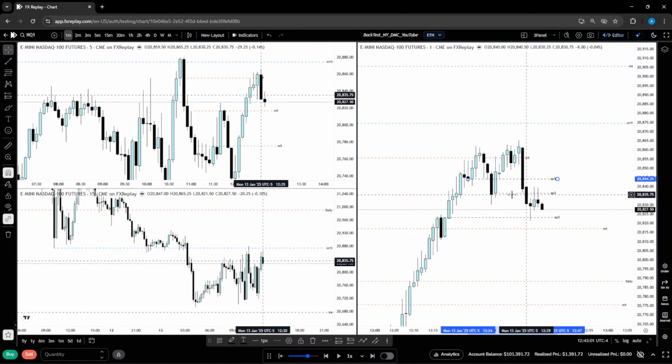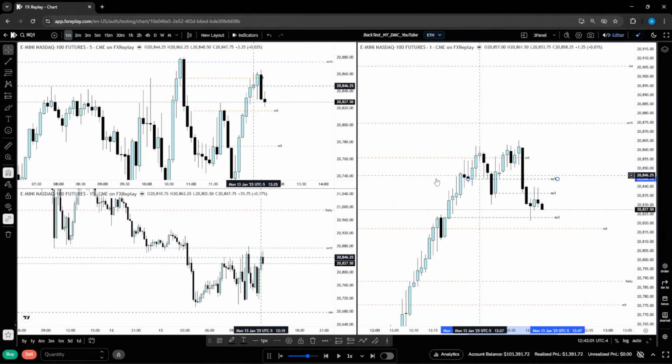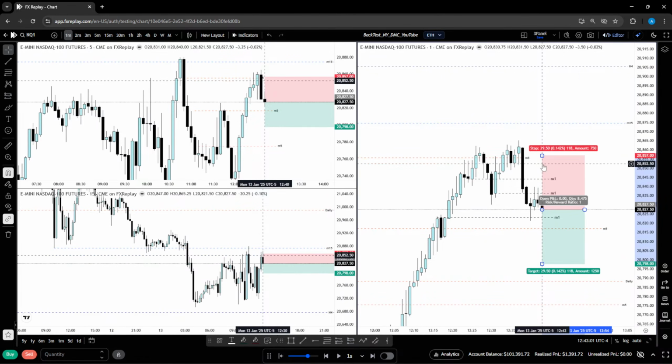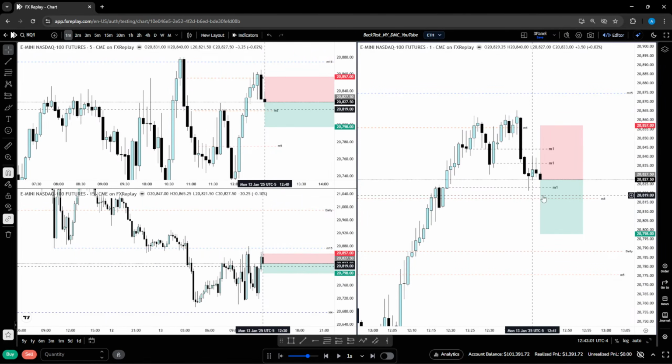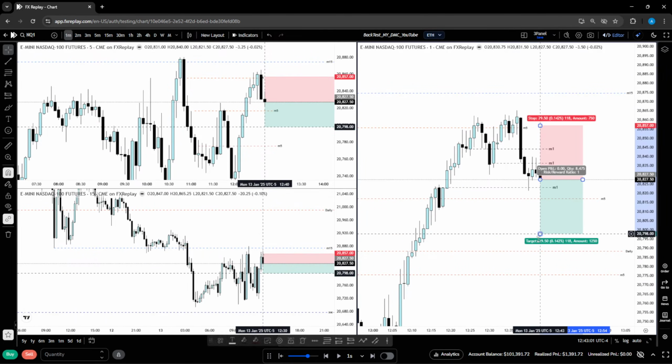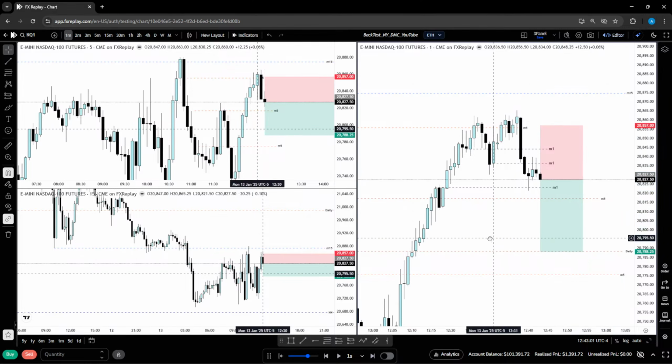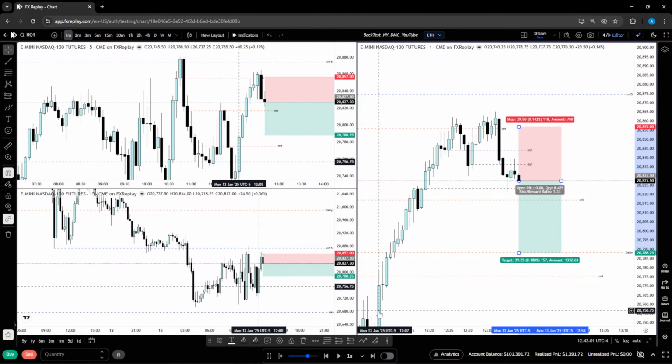So we're not able to close above this level, so I guess we're gonna go down. This would be the first level, and this would be another level. We'll see if we can make it there.